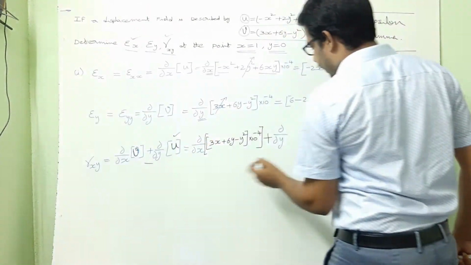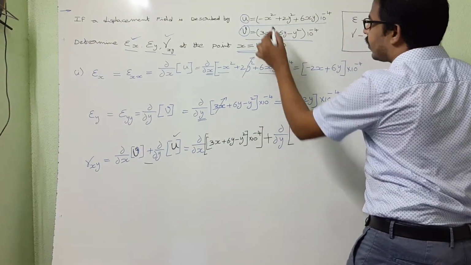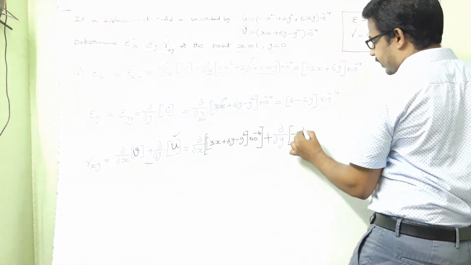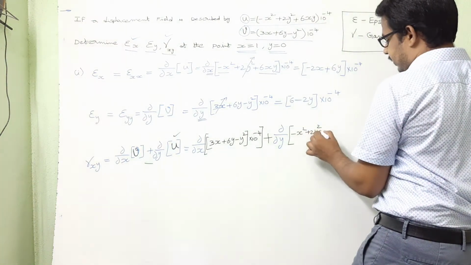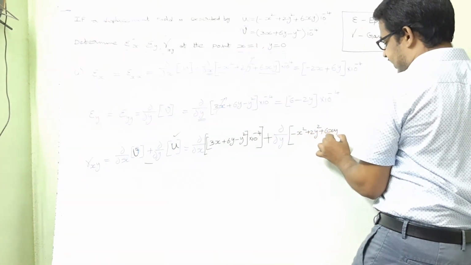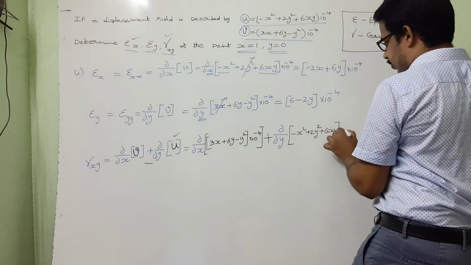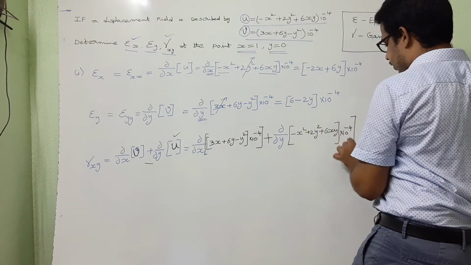What is the u value? U is minus x square plus 2y square plus 6xy into 10 power minus 4.